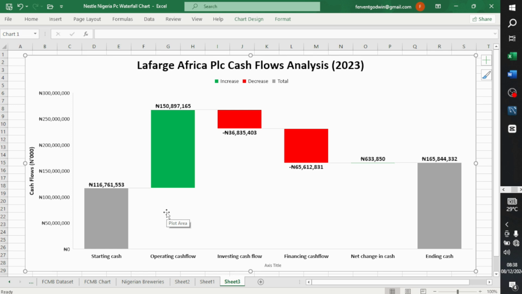That's their major product. So from their operations, from their products, this is what came in. This is not actually revenue, because we cannot categorize it as just revenue, since it's quite different. We can say the cash they generated from their sales and all of that is 150.8 billion naira.